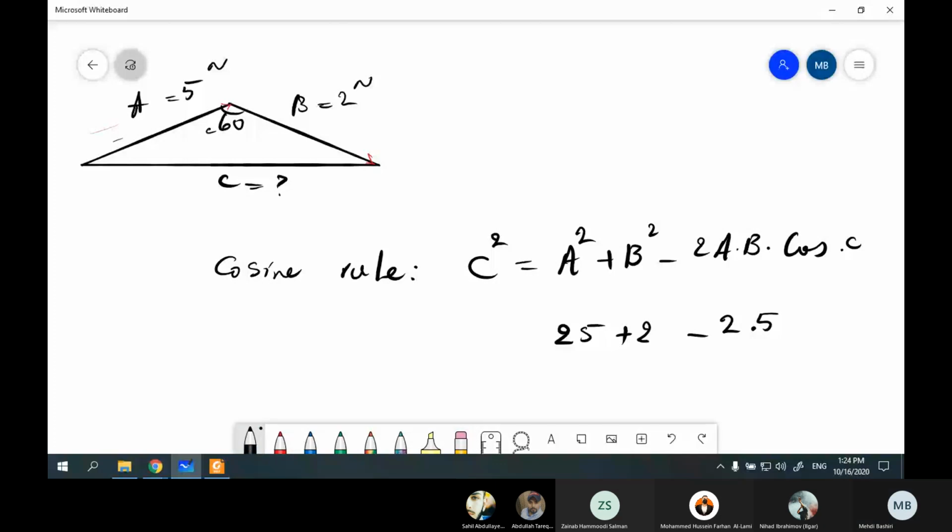Okay, 2 over 2, 4. Minus 2 dot 5 dot 2 dot cosine of 60.